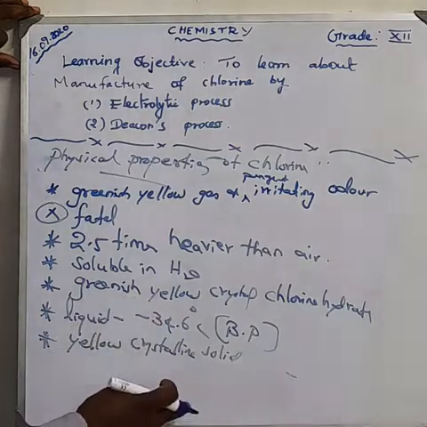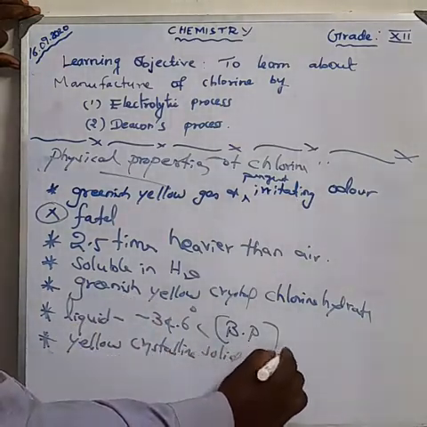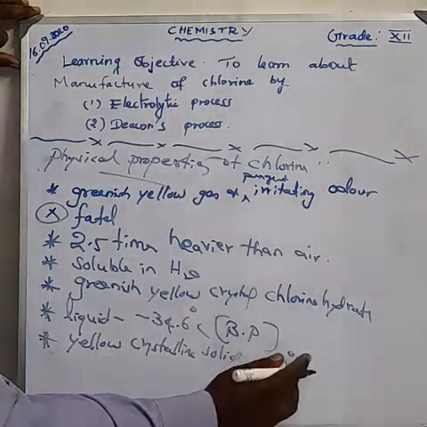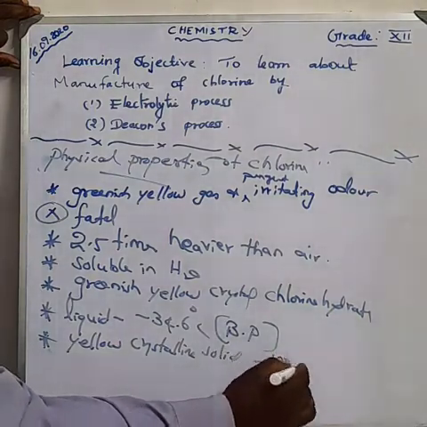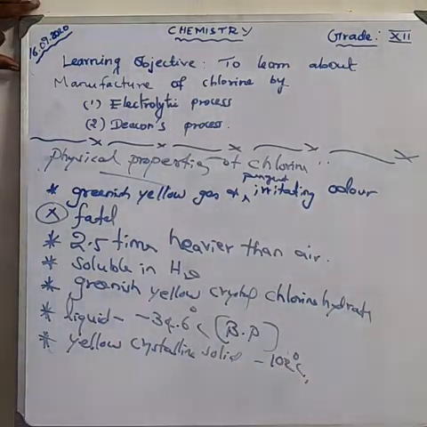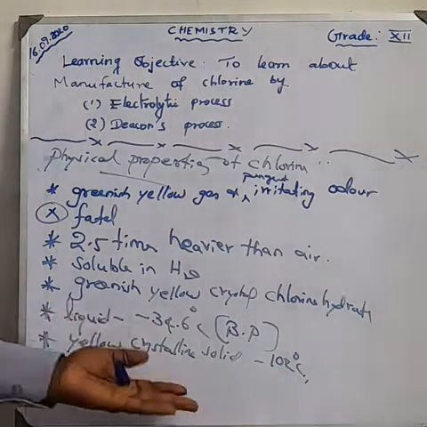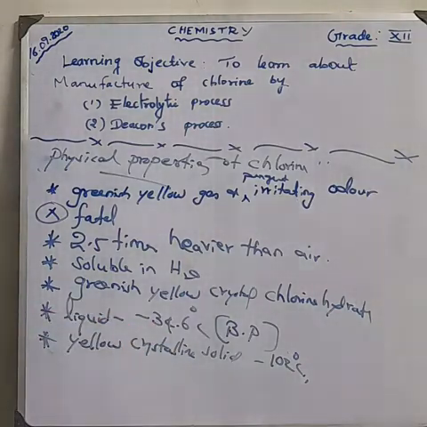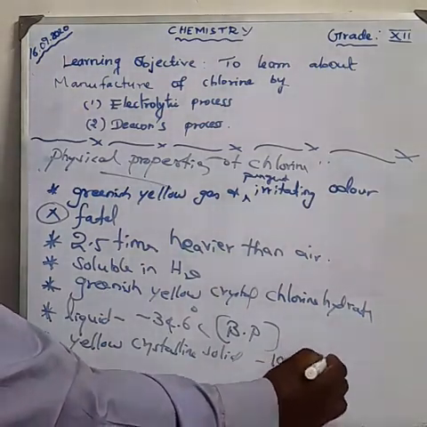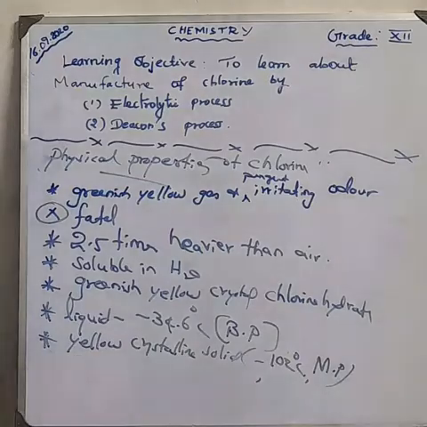When it becomes a yellow crystalline solid, the melting point is about minus 102 degrees Celsius. These are the important physical properties of chlorine.